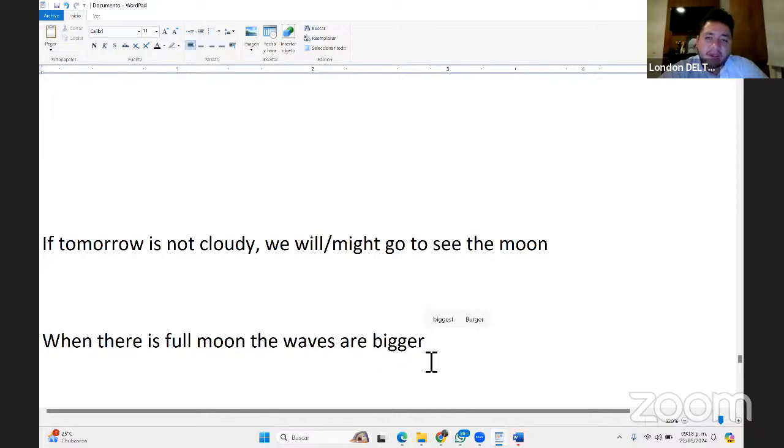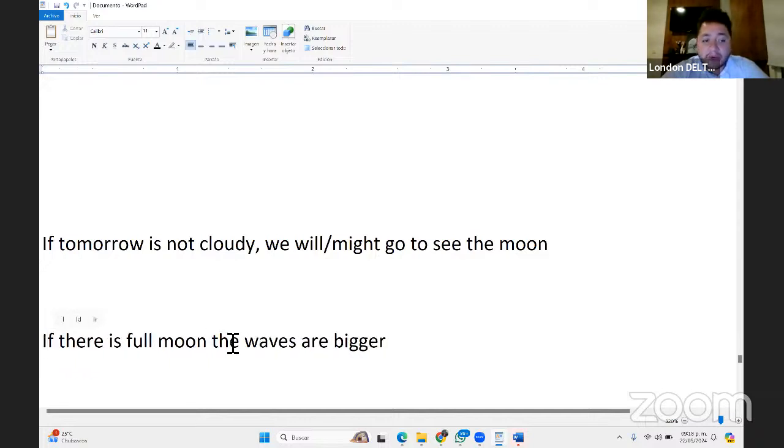So I'm saying this not like something that happens just once, but something that happens all the time. So I can replace when and use if. If there is full moon, the waves are bigger. But I'm just saying this because it's a situation that happens every time. Yeah. So the same you can think about situations.